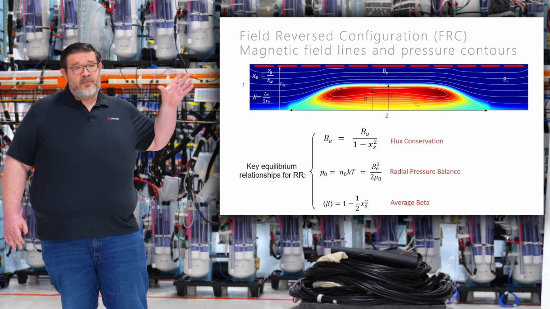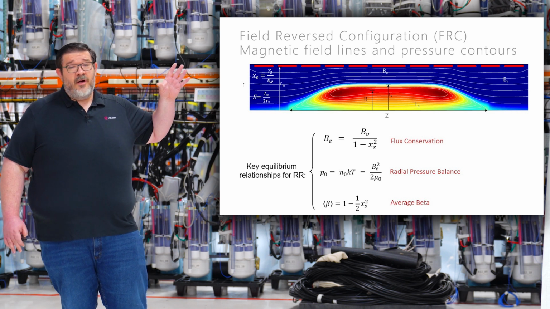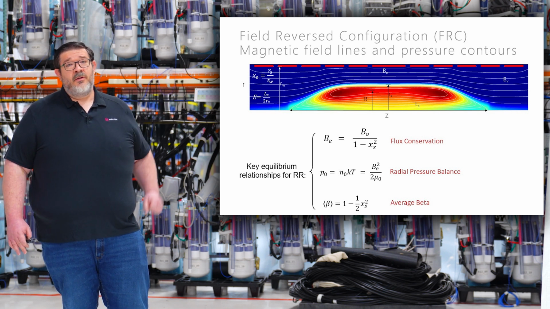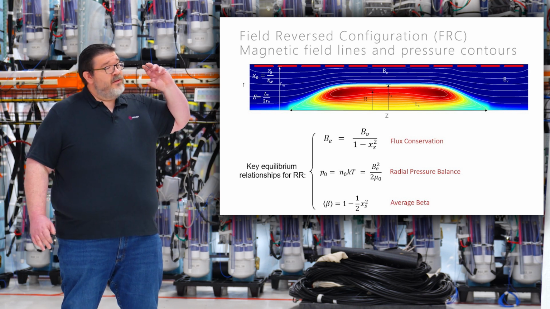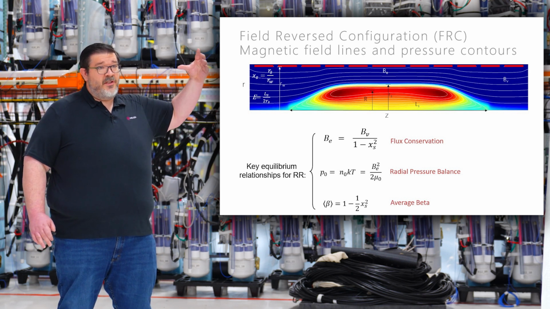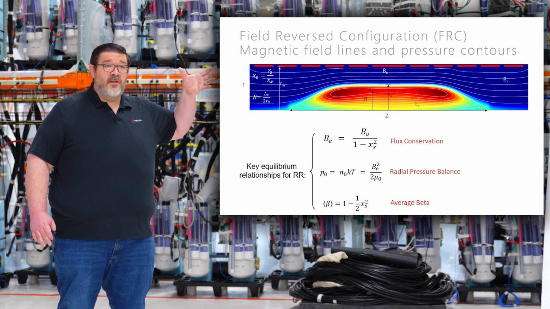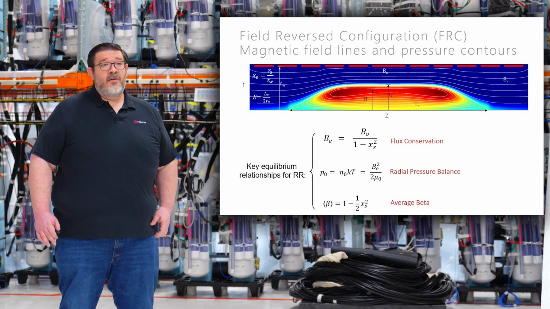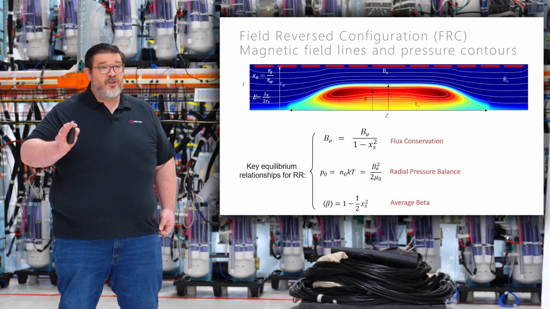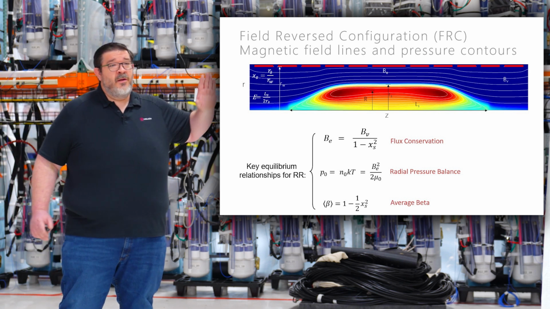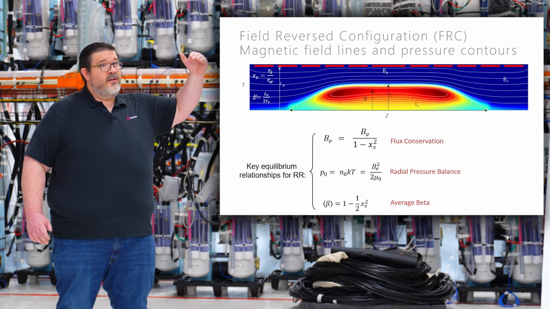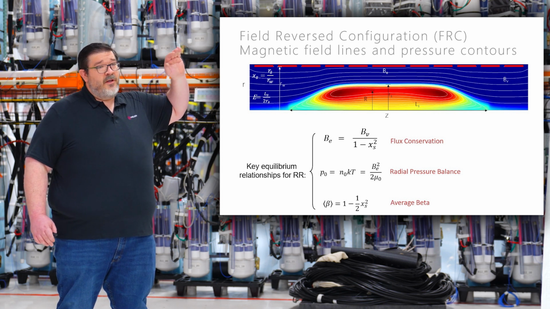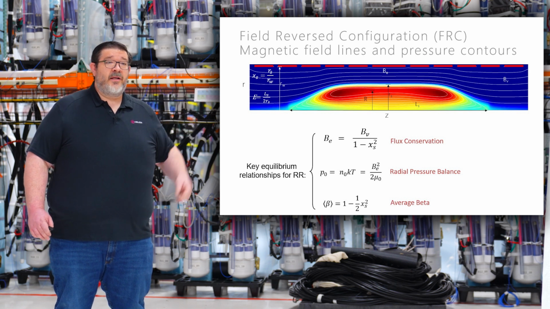To start, I want to show this figure of a magnetohydrodynamic simulation of an FRC. The color in there is pressure, so it's density times temperature. Dark red is higher pressure, blue is lower. You can see that in those dark red spots, at the outer edge of the FRC, there's low magnetic field and high density.